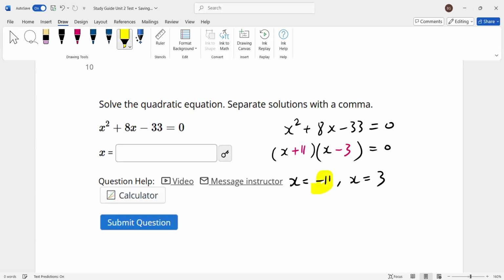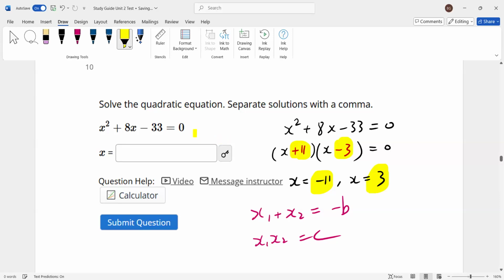So those are two solutions. They must multiply to C and add up to the opposite of B. The two solutions, via the theorem, must add up to the opposite of the middle term coefficient and multiply to C. And then the two numbers in the factorization multiply to C and add up to B.